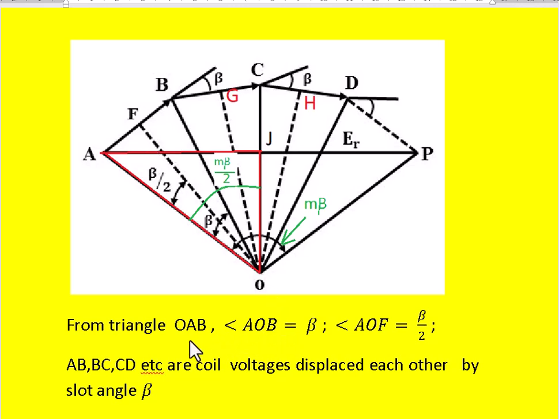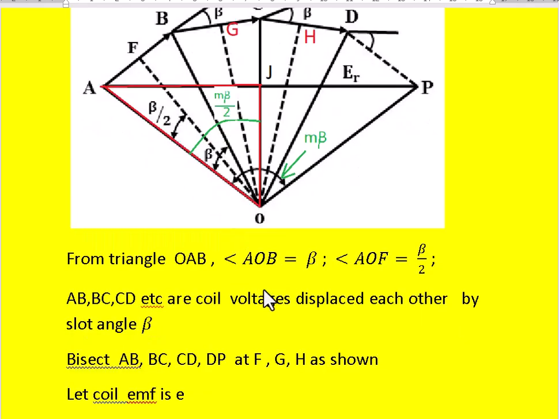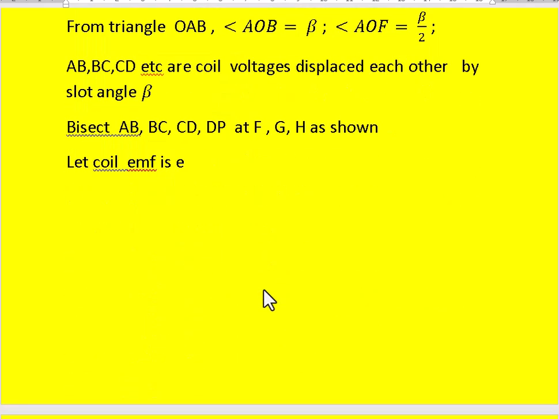Take the triangle AFO; from triangle OAB the angle is beta, and for AOF the angle is beta by 2.